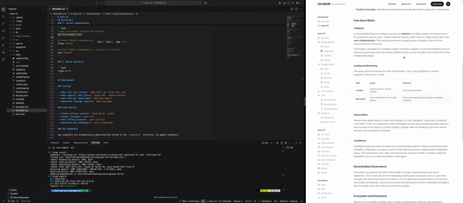Okay, how it works. I think the biggest problem in understanding protocols that deal with markets is understanding what liquidations are and how things are calculated.